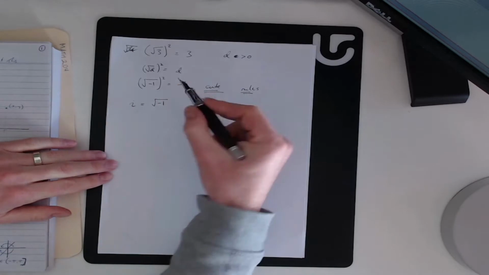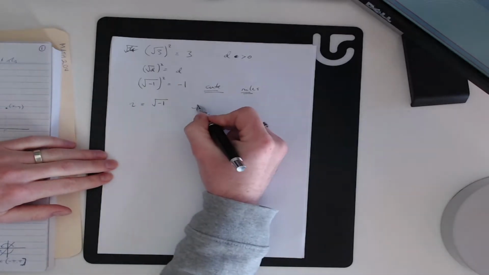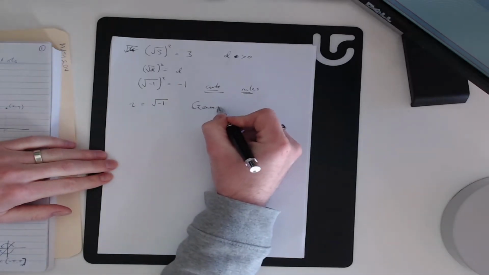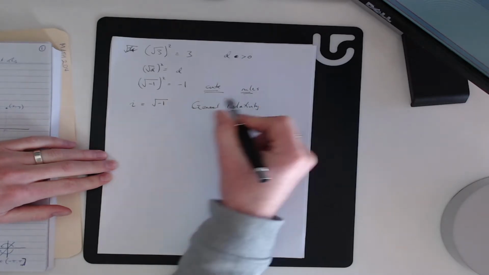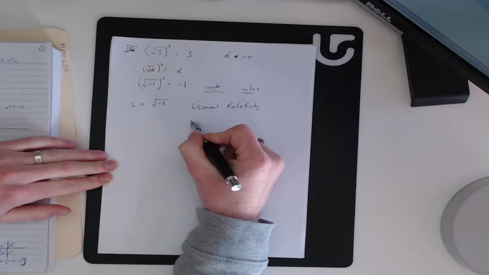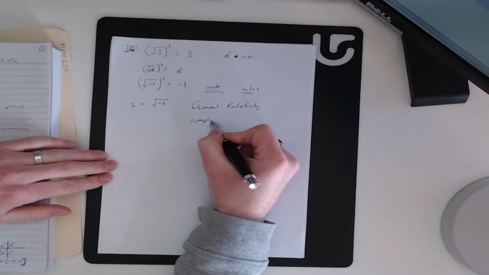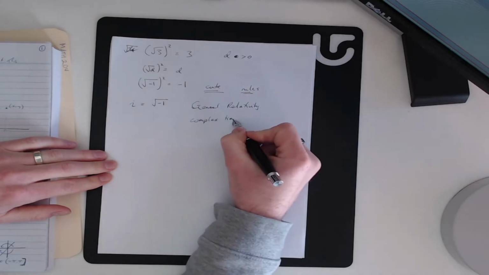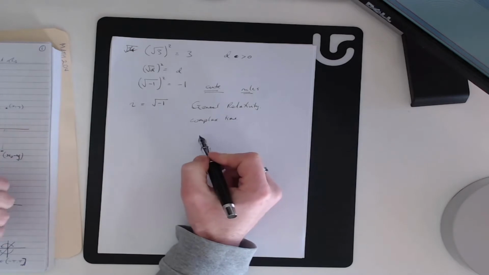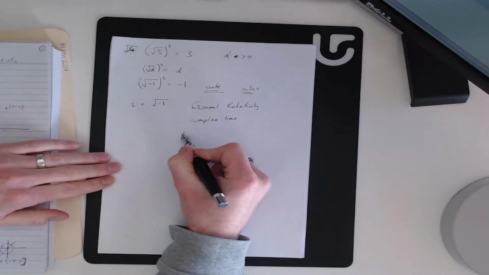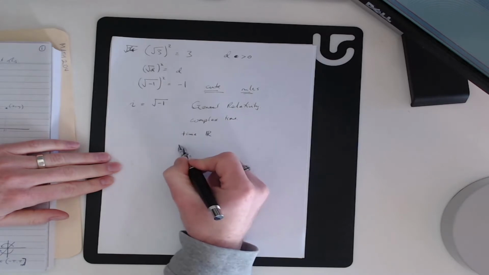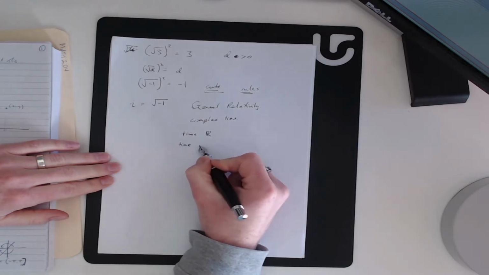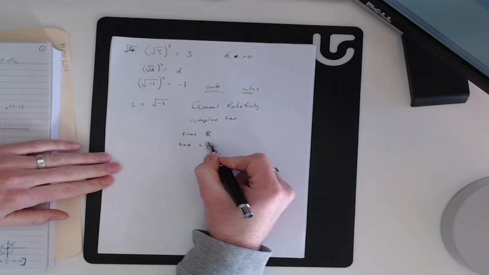This is my background, general relativity. And in general relativity, people often talk about taking complex time. What they mean is, instead of measuring time using the real numbers, they measure time using i times the real numbers.